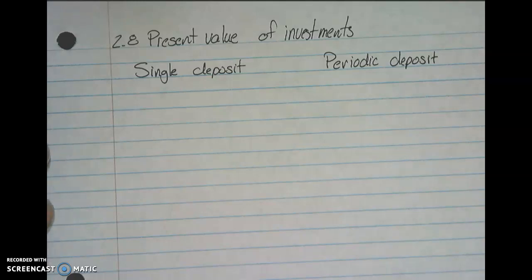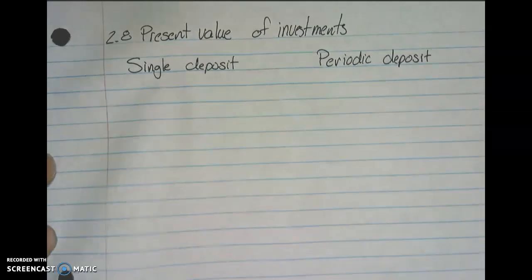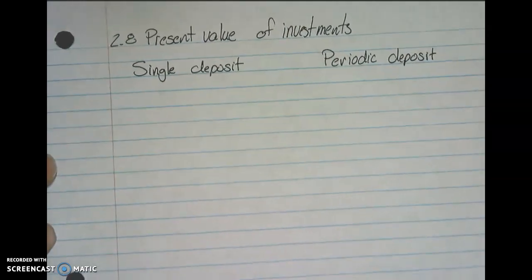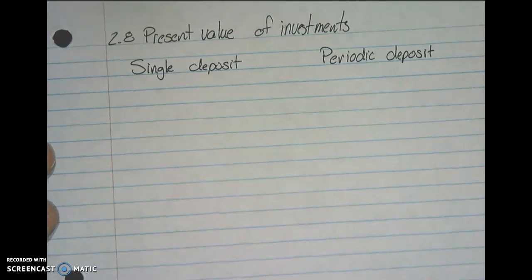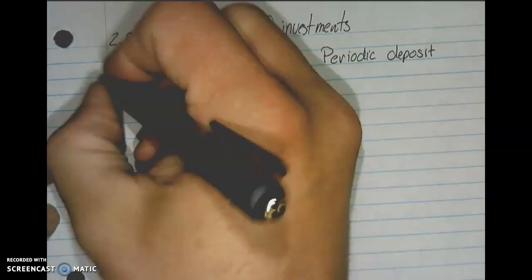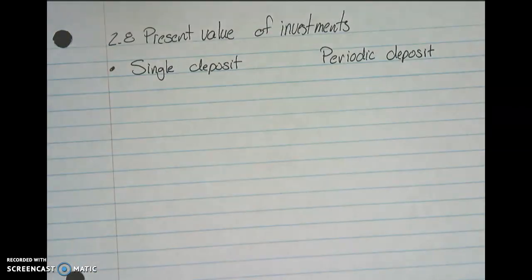But anyway, today what we're looking at is present value investments. This is saying that if I want a certain dollar amount after so many years, how much do I have to deposit? A single deposit means I'm just going to take a lump of money, drop it into the account, and never put anything else into it.